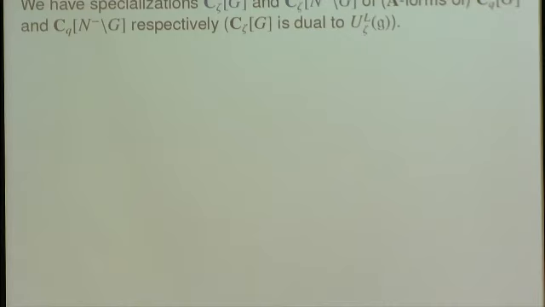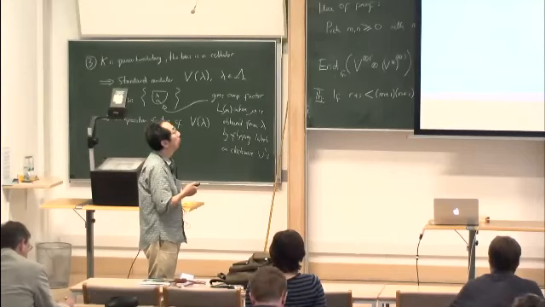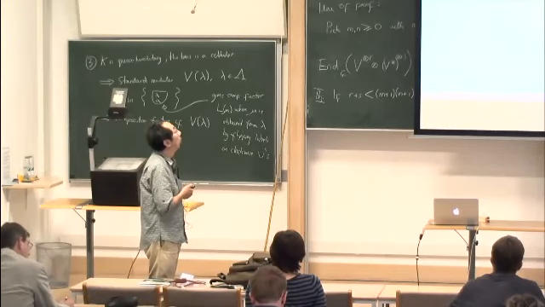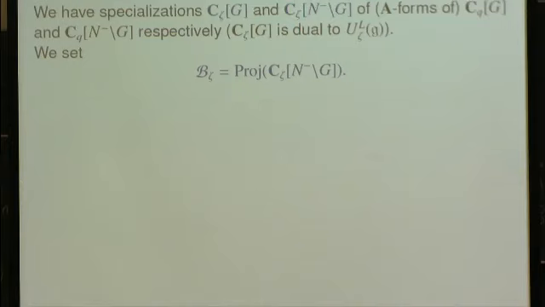So I need this ring, graded ring. But this graded ring we can easily define using some A forms of CQG, CQ of N minus, G over N minus. CQG is dual to Lustig's specialization of the quantized enveloping algebra.